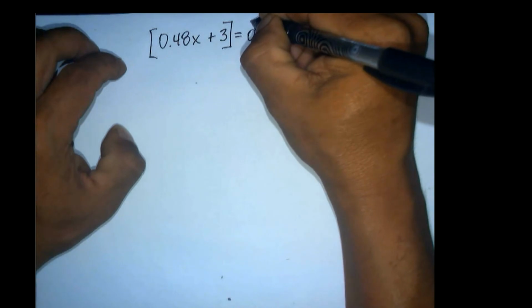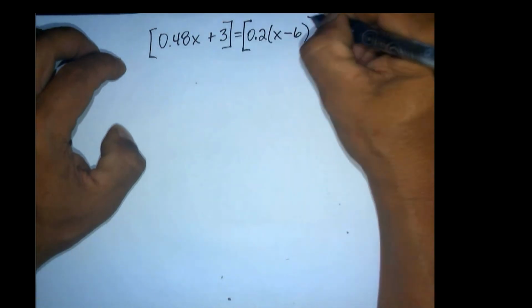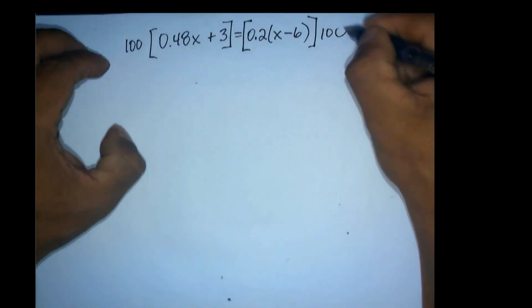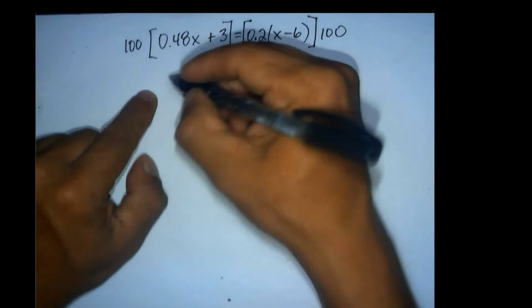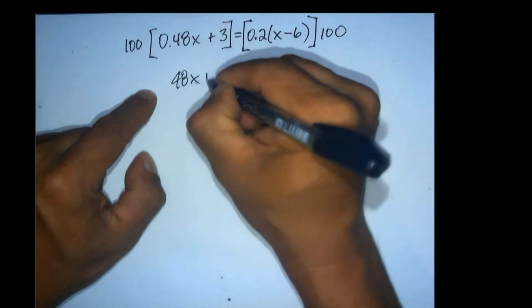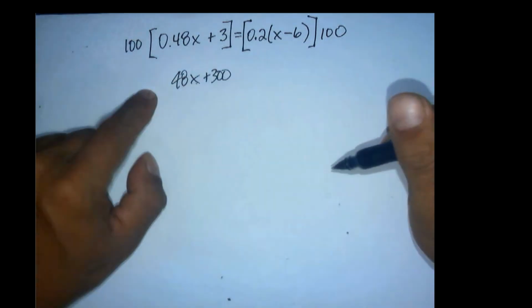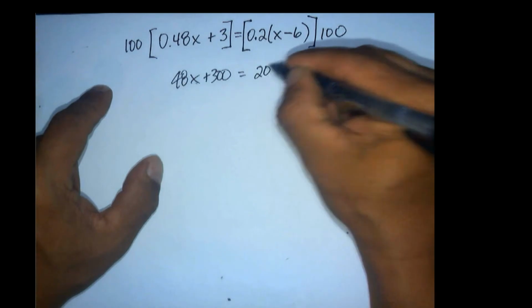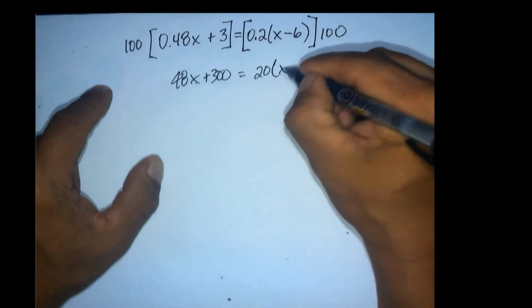And yeah, we're going to get some big numbers. 100 times 0.48 is 48x plus 300, is equal to 20 times x minus 6.